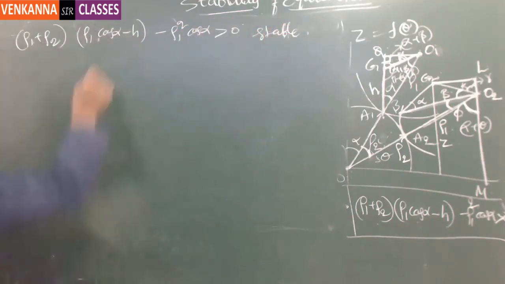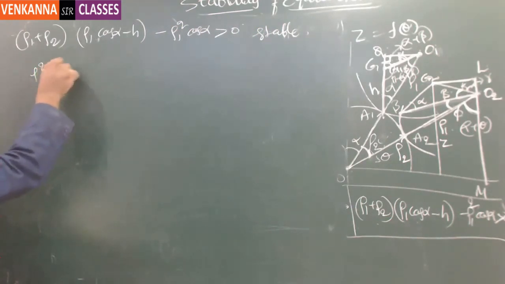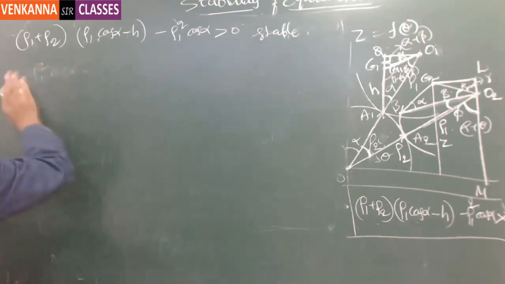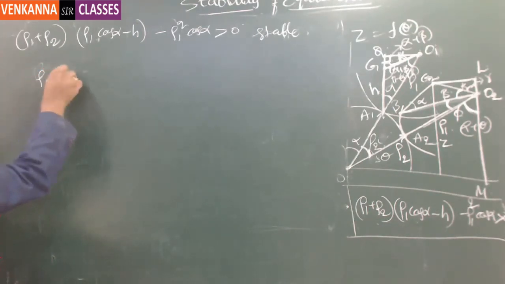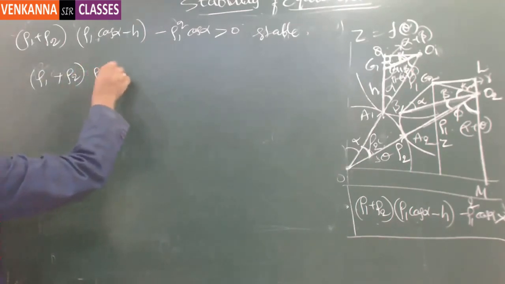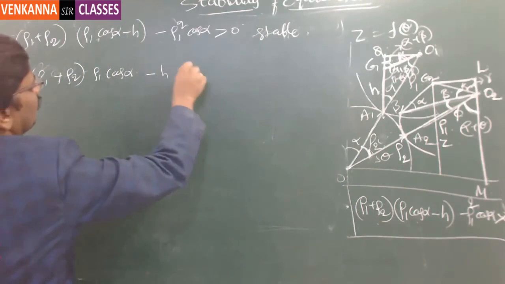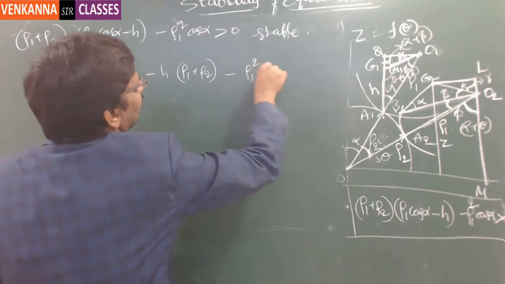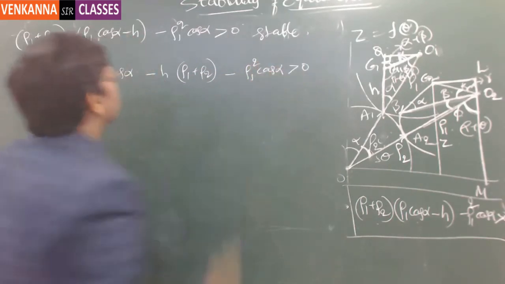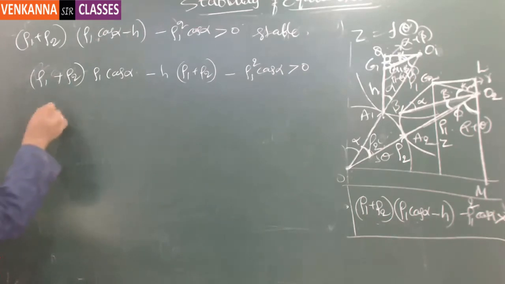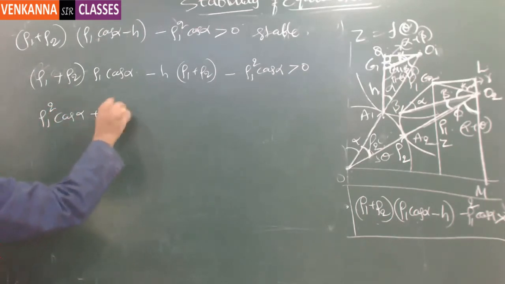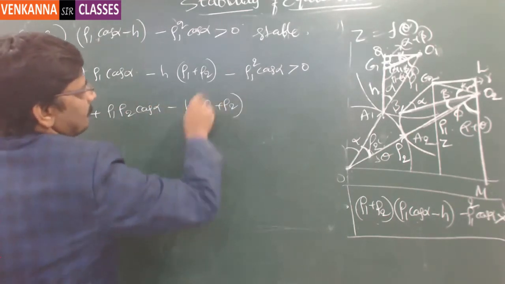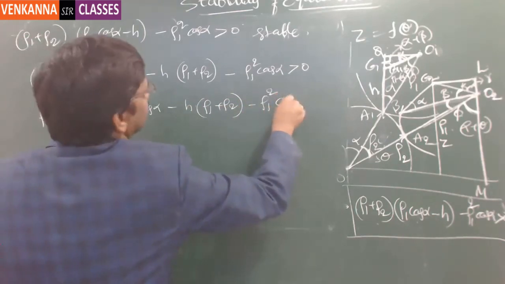Now if you simplify this, rho 1 square cos alpha minus rho 1 plus rho 2 times of rho 1 cos alpha minus h times of rho 1 plus rho 2, minus rho 1 square cos alpha is greater than 0. So this, if you further simplify it, rho 1 square cos alpha plus rho 1 rho 2 cos alpha minus h times of rho 1 plus rho 2 minus rho 1 square cos alpha greater than 0.